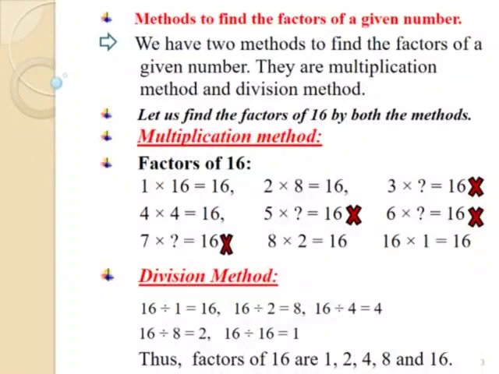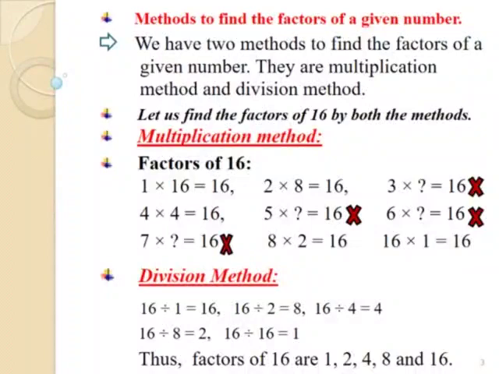So, 3 is not a factor of 16. 4 multiplied by 4 equals 16. 5 multiplied by dash equals 16. Multiplying 5 by any number, we will not get 16. So, 5 is not a factor of 16.